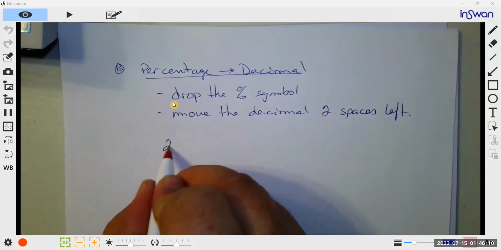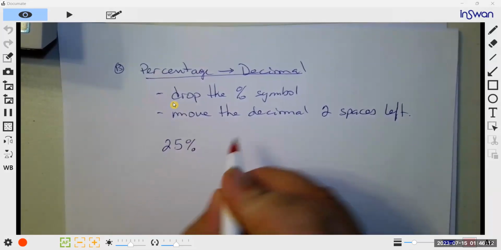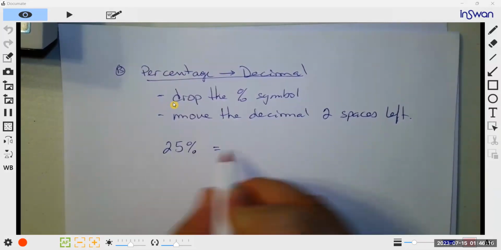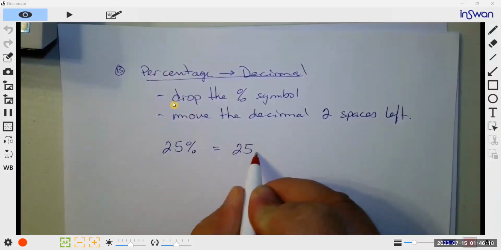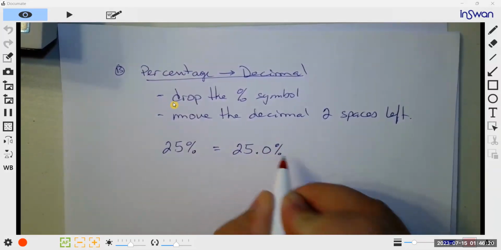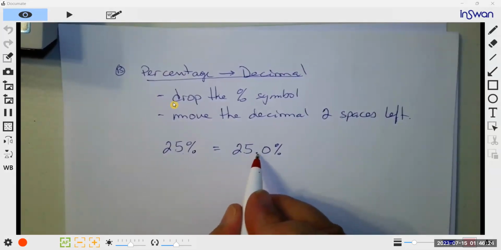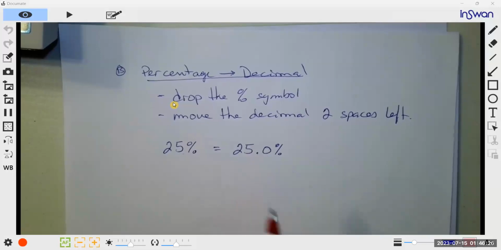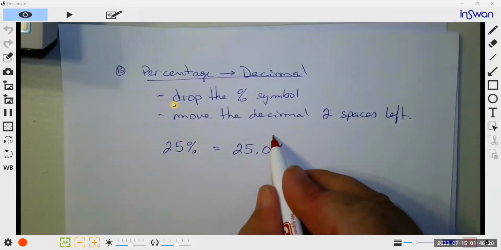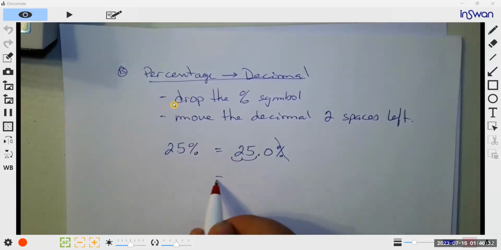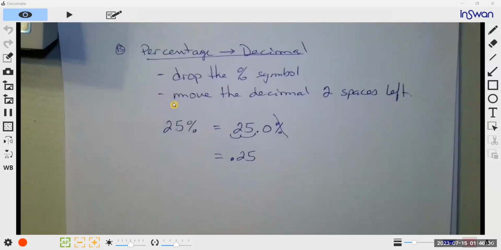So we had 25%. This is actually 25.0% because after every number, if there are no decimals, it's automatically .0. So I drop the percent, move it 2 to the left. The answer is 0.25.